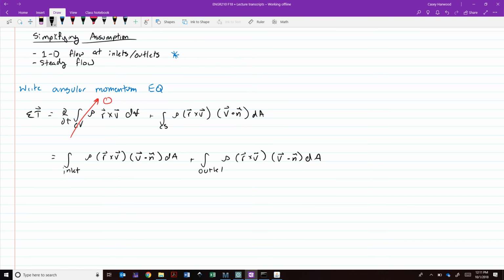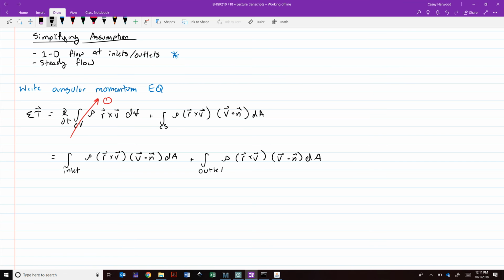But there is one more simplification we can make here. If we're interested in the torque on the shaft, the torque is a vector quantity. It's the cross product between a moment arm and the force. The torque along the shaft then means the component of that vector that's aligned with the longitudinal axis of our shaft.